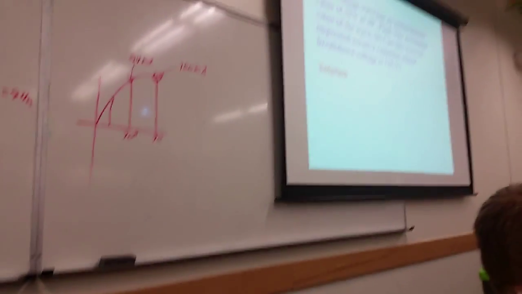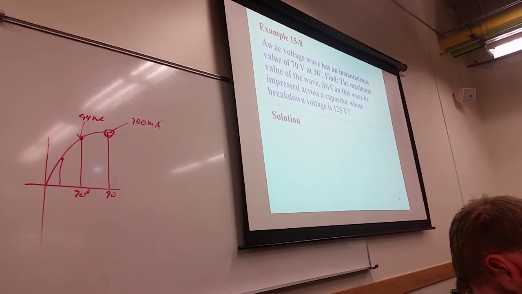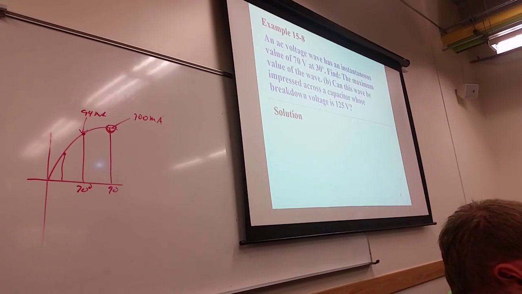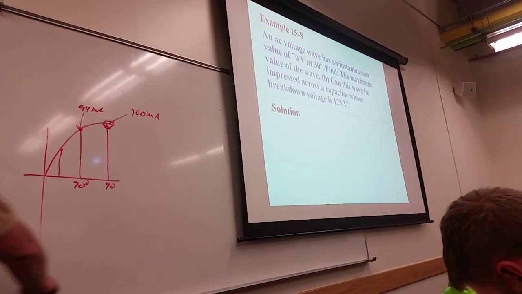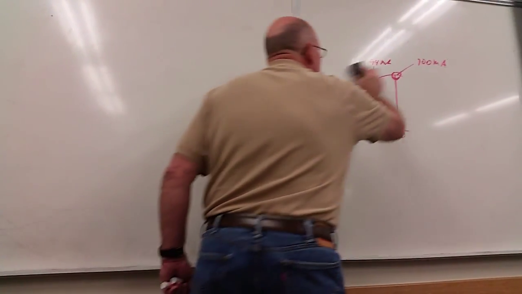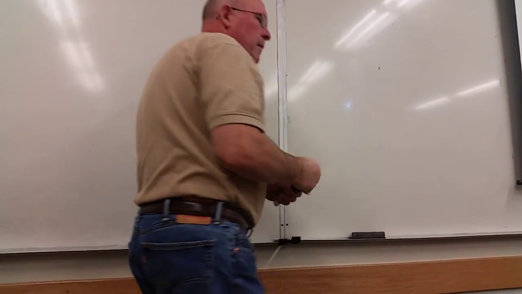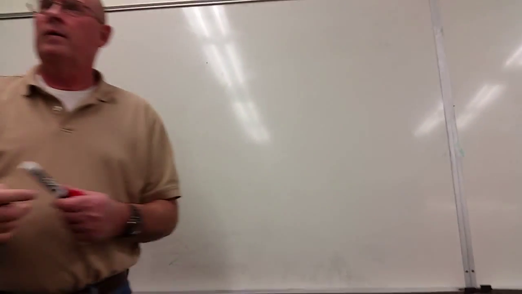All right. An AC voltage wave has an instantaneous value of 70 volts at 30 degrees. So let's do the same thing again. And are you always going to use sine in these instantaneous equations? Yes.